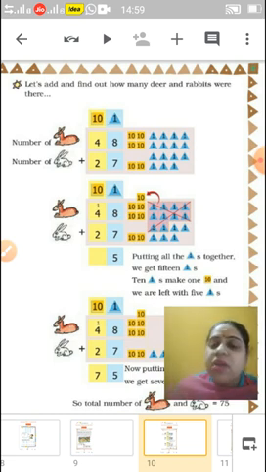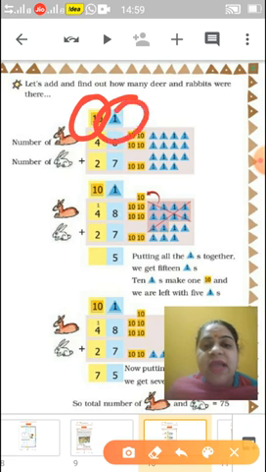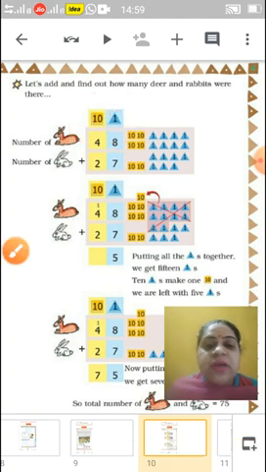So children, for the number of tens, in the moon story in the second chapter we also did this. They were taking a ten and for the separate ones they were taking one. So when they take a two-digit number, for the tens they take a ten.